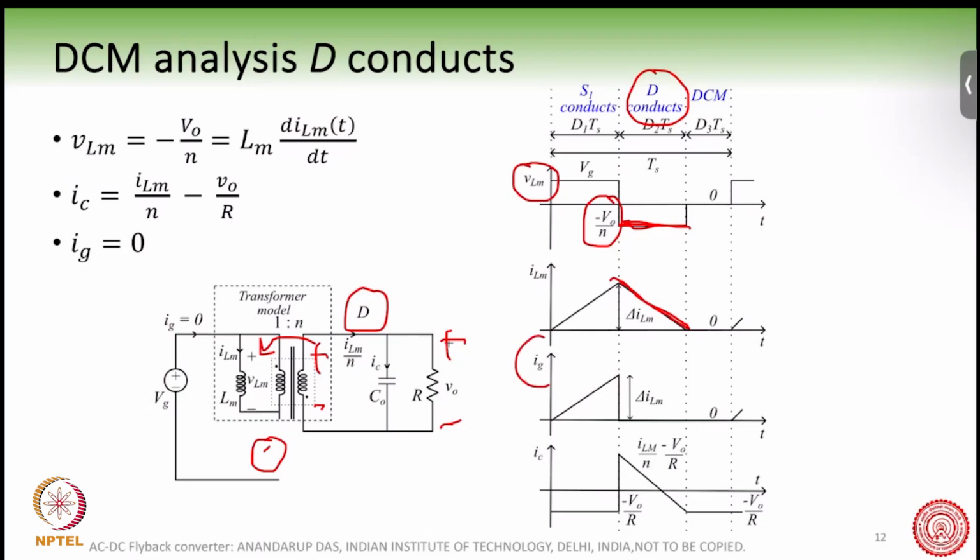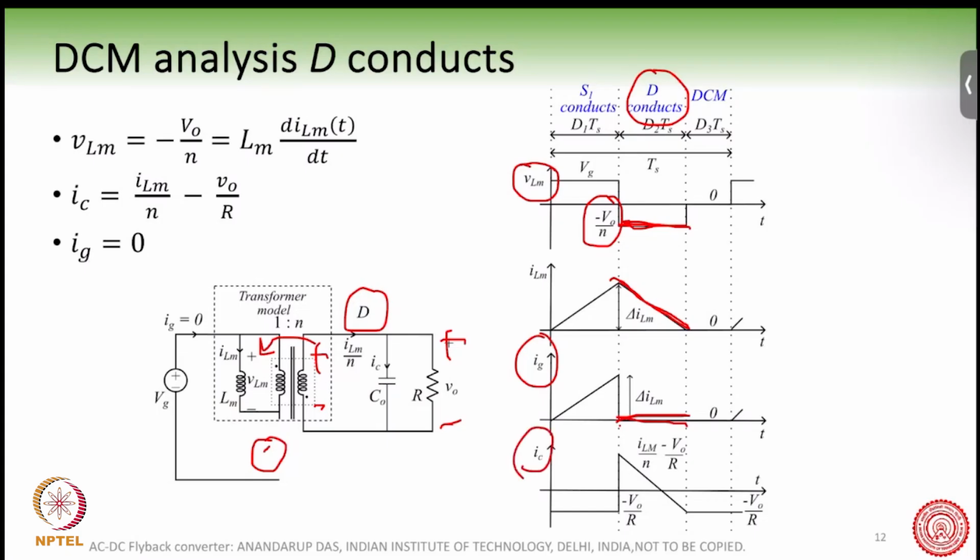And IG is not flowing because, as we discussed last time, this current represents the decay of the flux in the core. No primary current will flow, and so this is equal to 0.